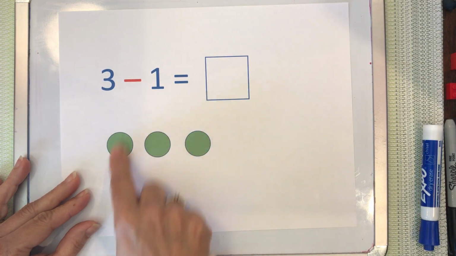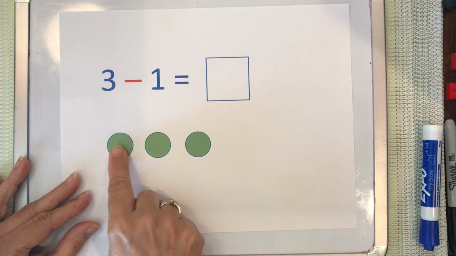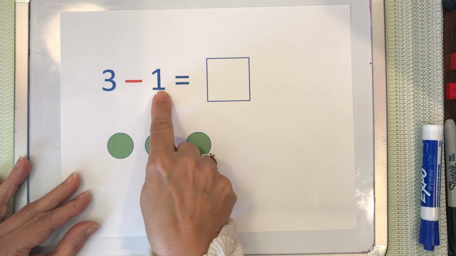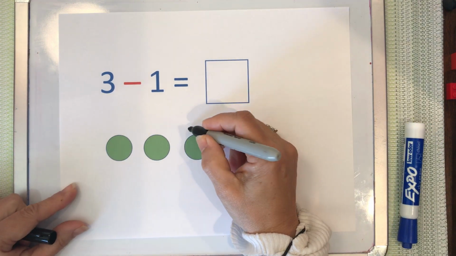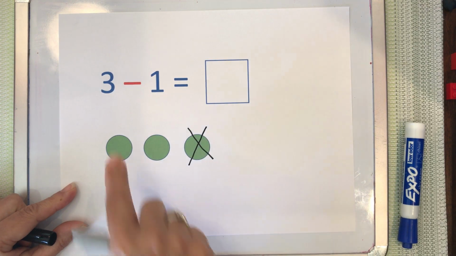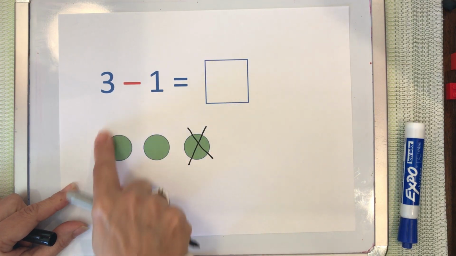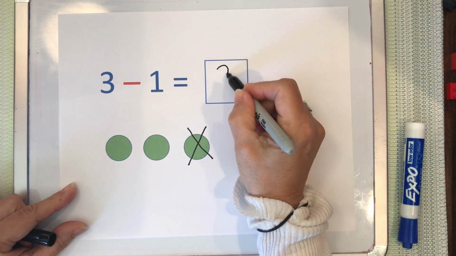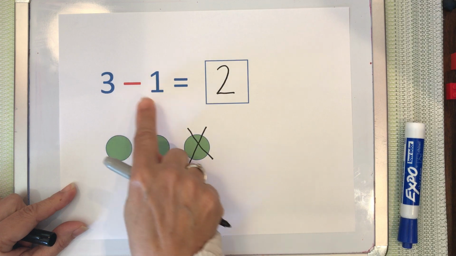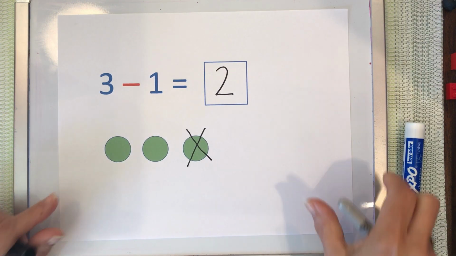So let's say these are 3 balls. So 1, 2, 3. Minus 1. A good way to do this is to just cross out 1. So 3 minus 1 equals, and how many do I have left? 1, 2, 2. So 3 minus 1 equals 2. Let's try another one.